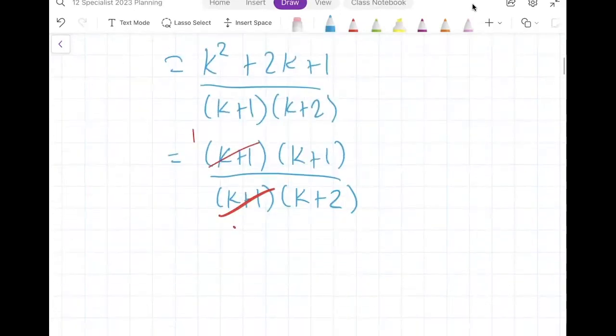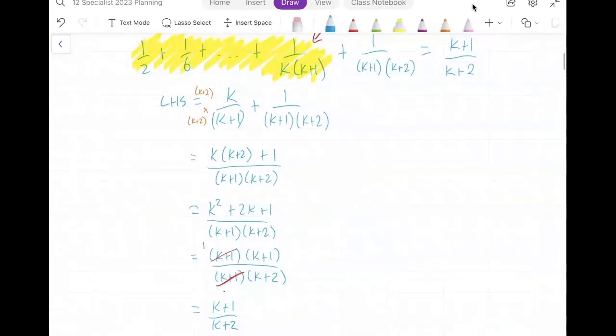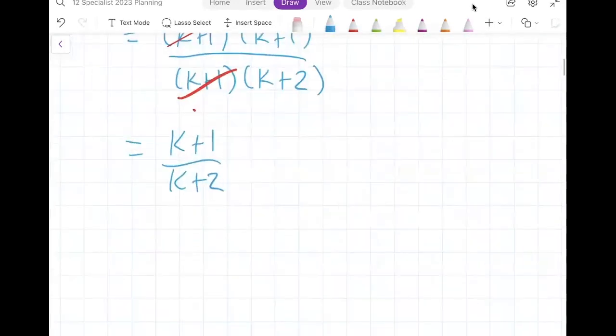So I'm left with k plus 1 over k plus 2, which if I look back to my RTP step, is in fact my right-hand side over here. So because this is my right-hand side, that means LHS equals RHS. And now I write my QED, which means therefore it was demonstrated, or something similar to that.